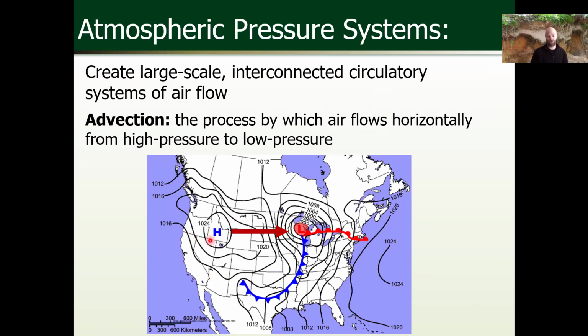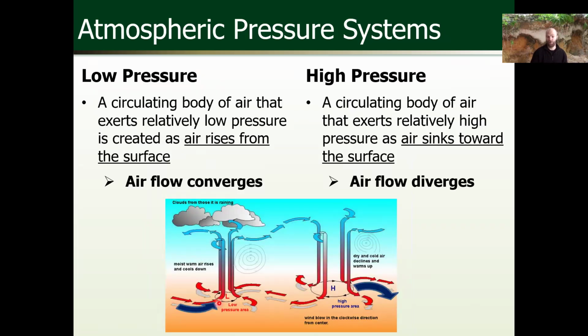This air mass is generally moving from west to east. However, when we literally observe wind direction and wind speed at the surface of the earth, that is going to relate, going backwards, to these processes where we have surface air converging or surface air diverging.